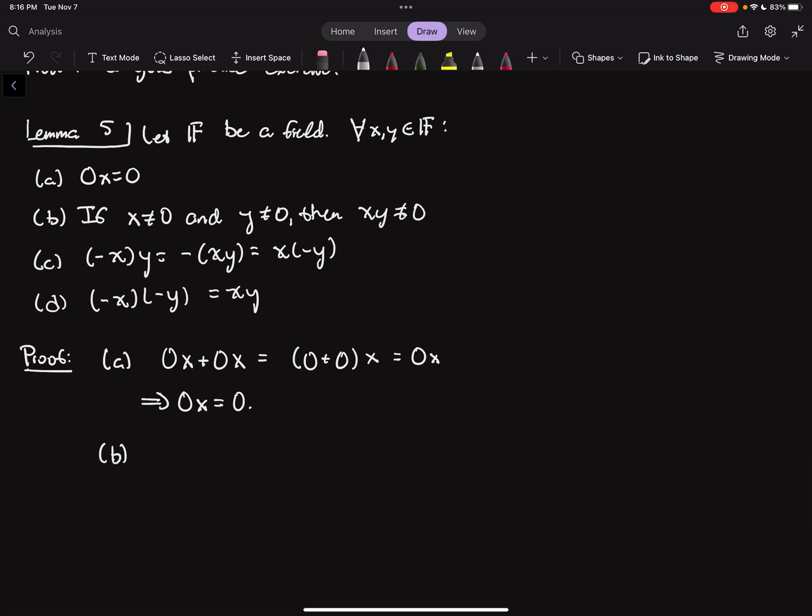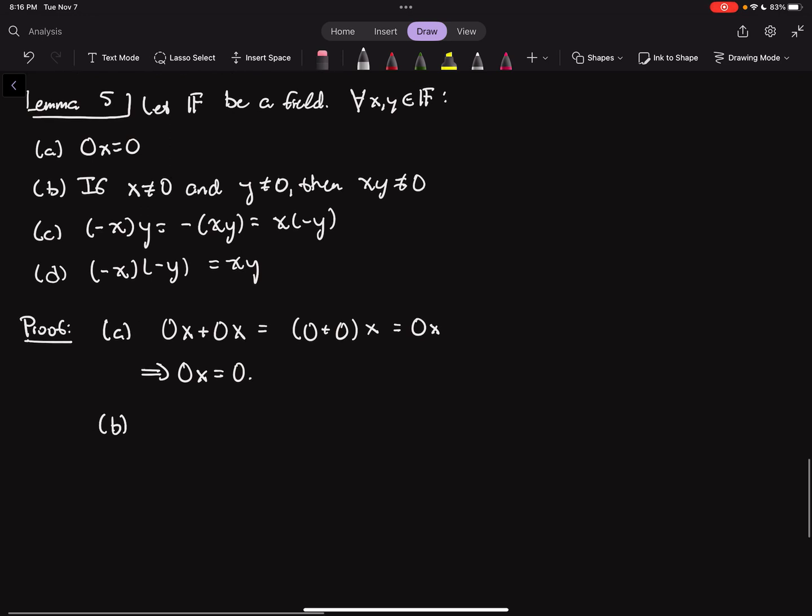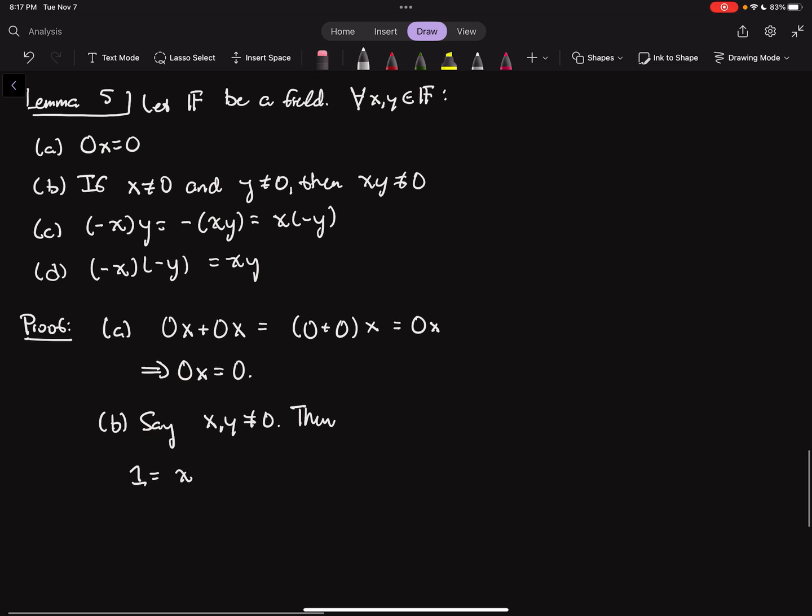Okay, so suppose x and y are both non-zero. Well, what we can do is we have that 1 is equal to x times 1 over x times y times 1 over y. Right, because this is just 1, and this is just 1.